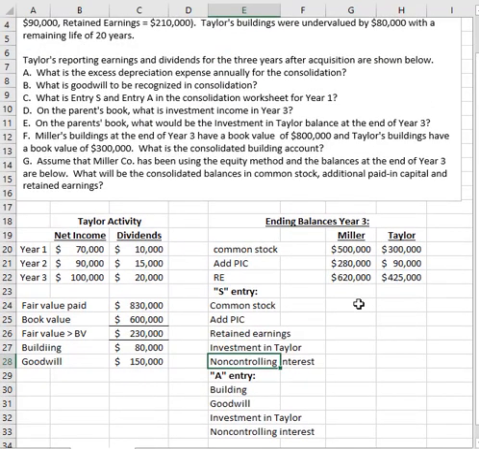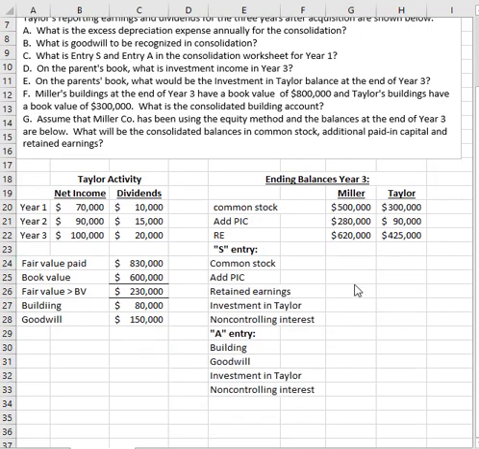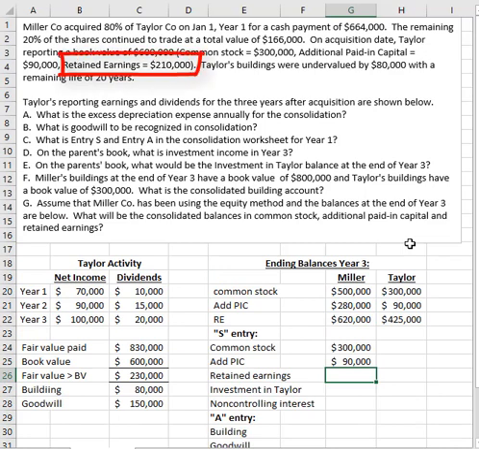So let's do that. So what is the common stock here? All right, so common stock we need to eliminate of Taylor, the subsidiary, is $300,000. Paid in capital is $900,000. Now we need beginning retained earnings. So let's go on up here. And so beginning retained earnings they gave us was the 210. All right, and so these three things add up to $600,000.